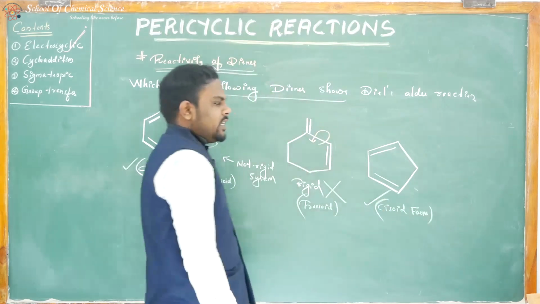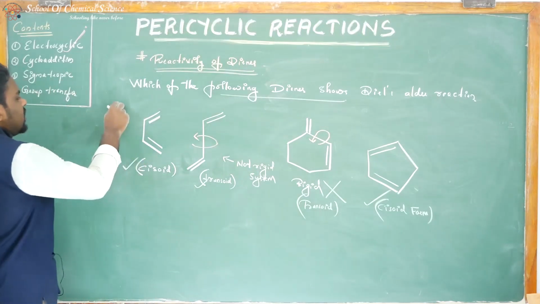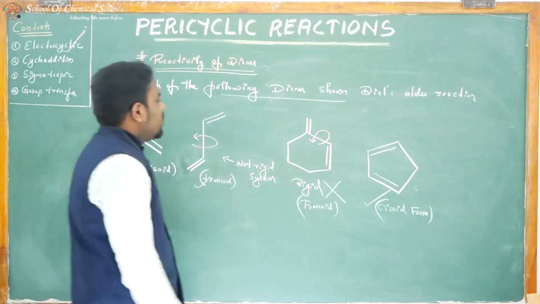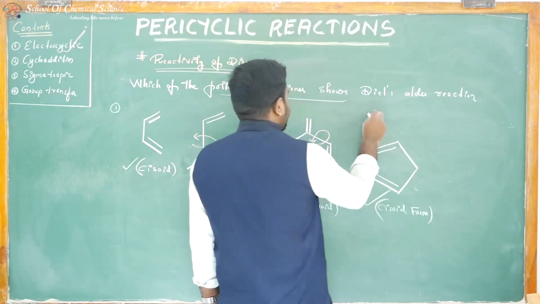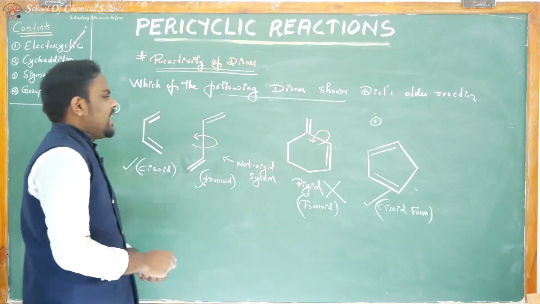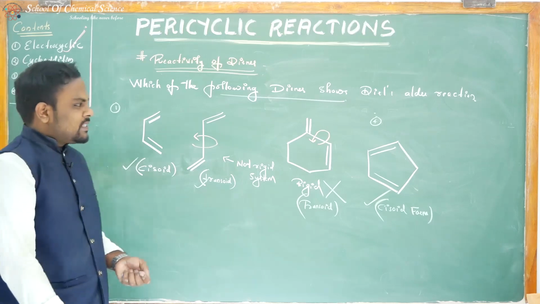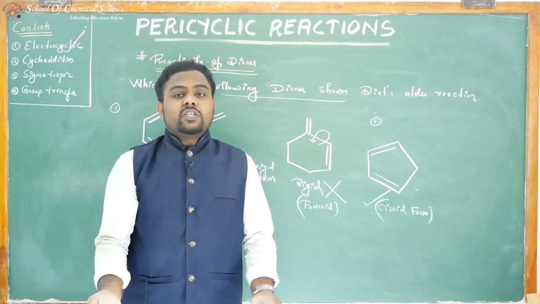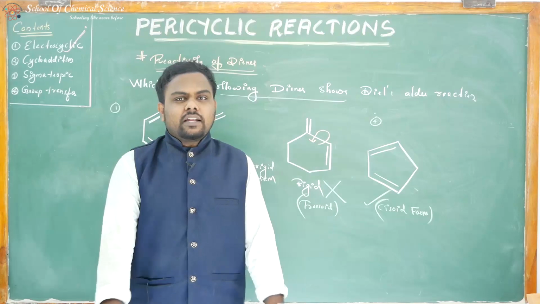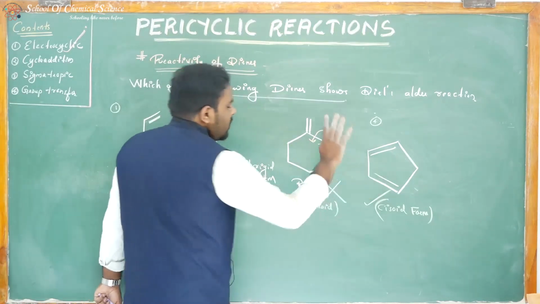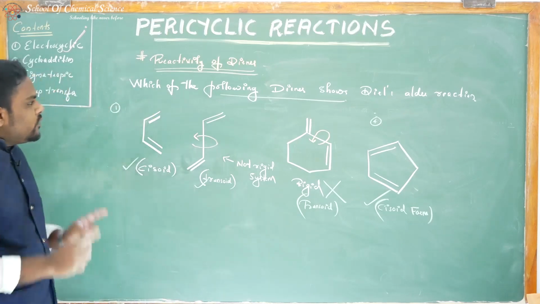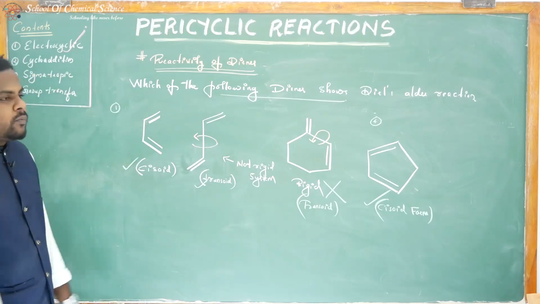Then my next question: this first diene or the fourth diene, which one is more reactive in Diels-Alder reaction? Both the dienes are in cissoid form. So which diene, the first one or the fourth one, is more reactive?